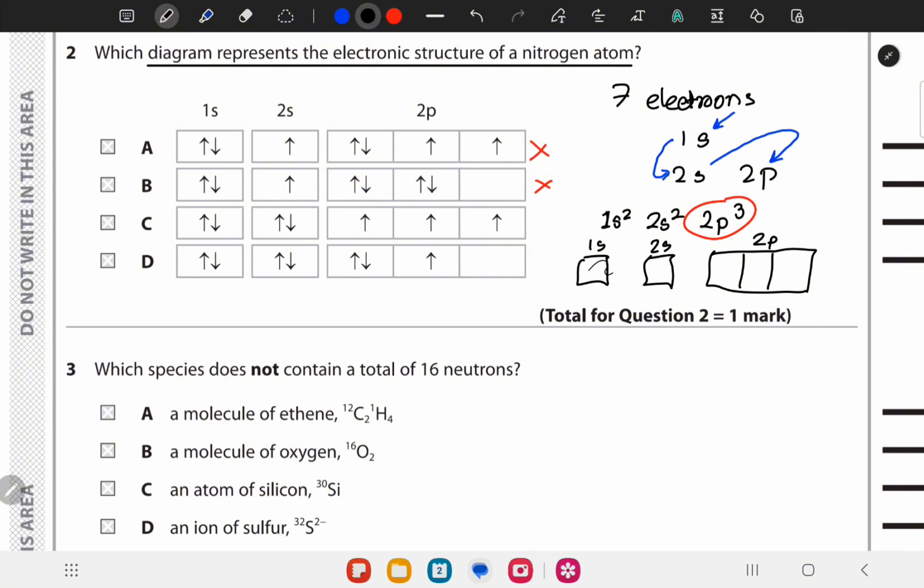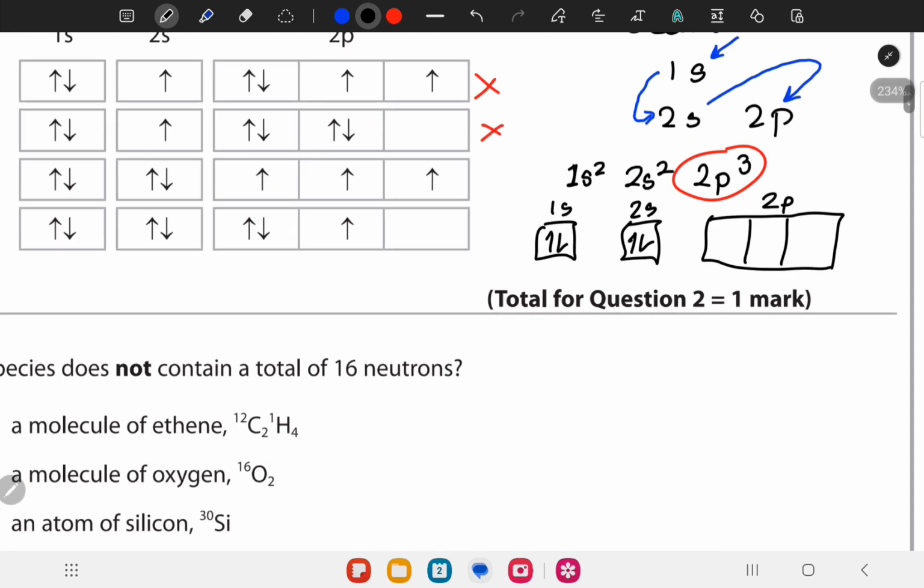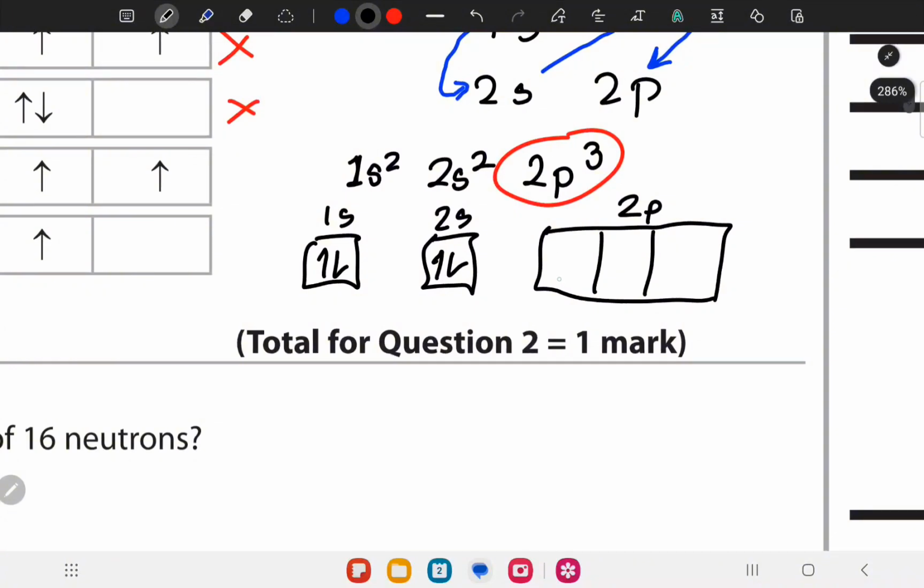We have to remember that the electrons fill the subshells like this. So if it's a p subshell, the electrons will first fill the empty orbitals, and then if there are more, they'll start filling the half-filled orbitals.